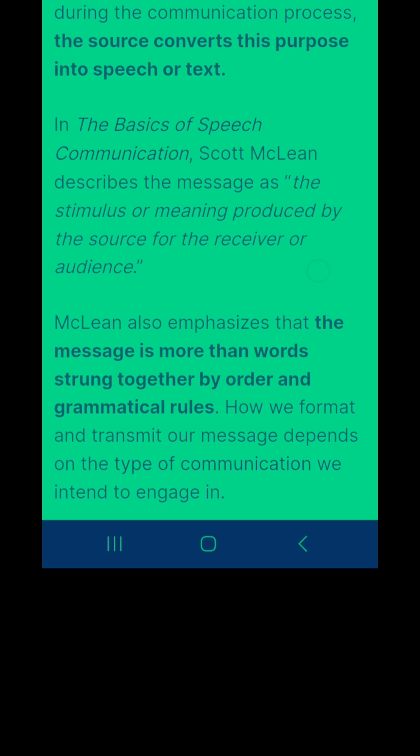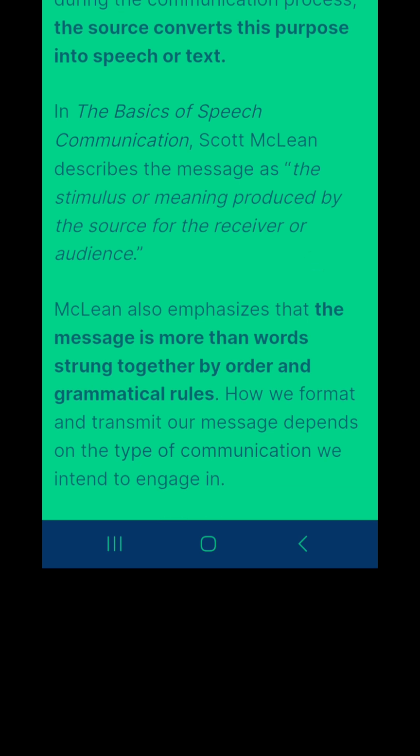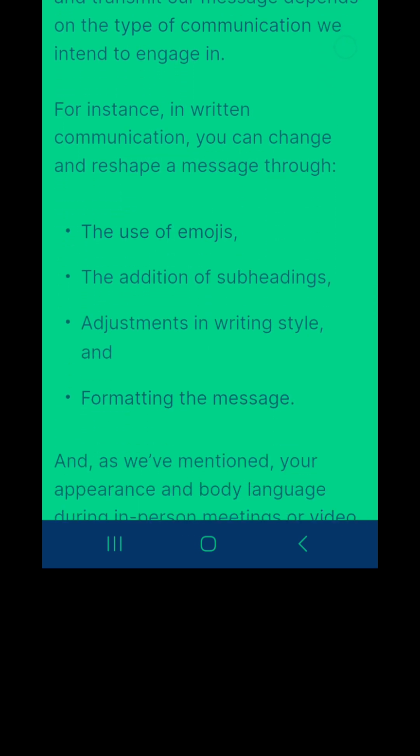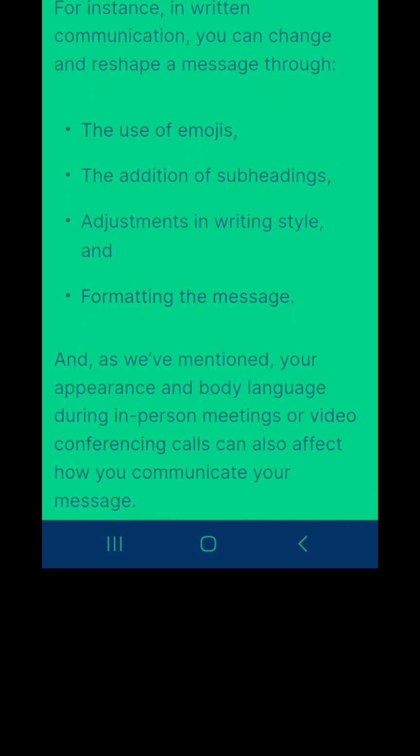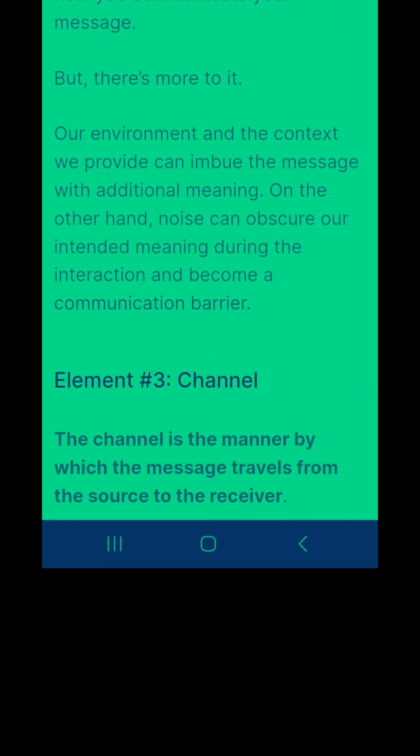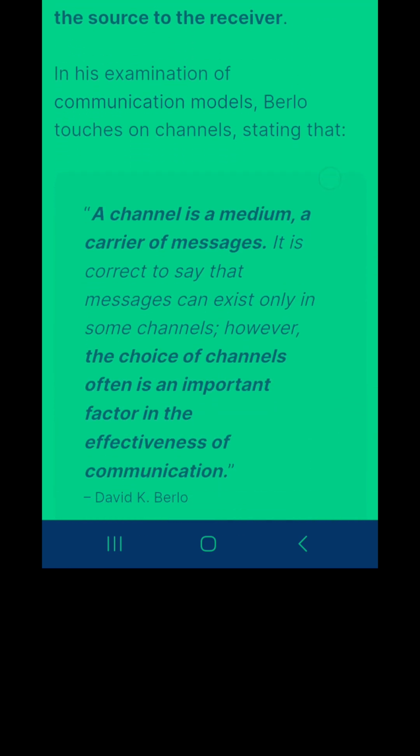So it means that the message is the source's purpose of communication. Written communication can change and reshape the message through the use of emojis, or writing style, formatting the message. So this is all about your message.